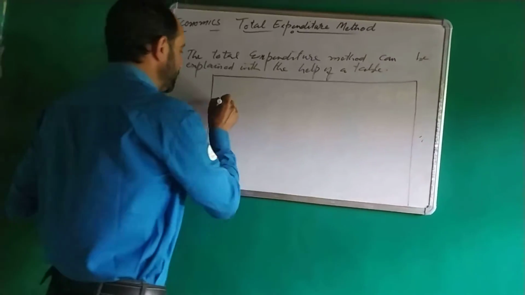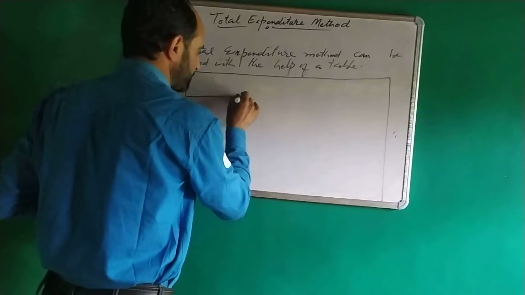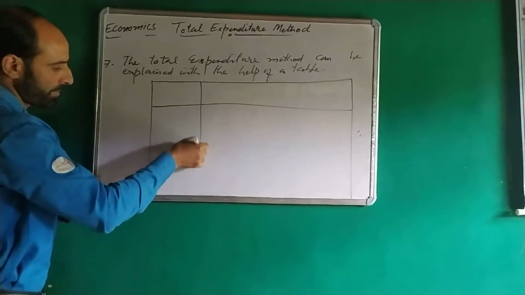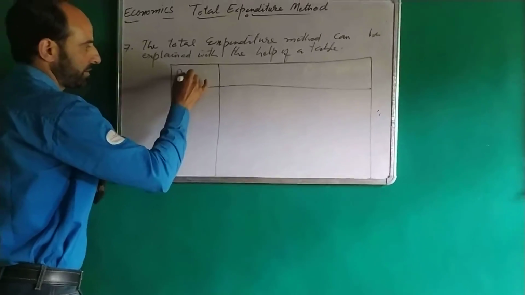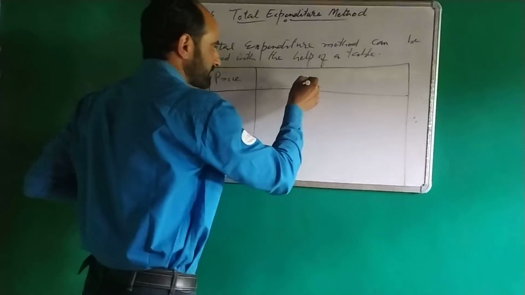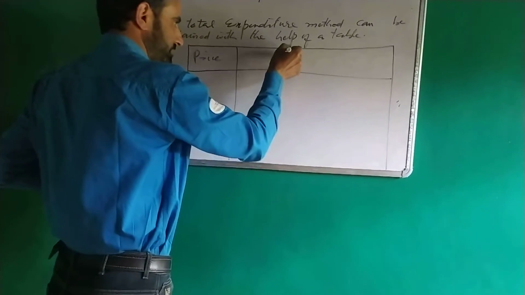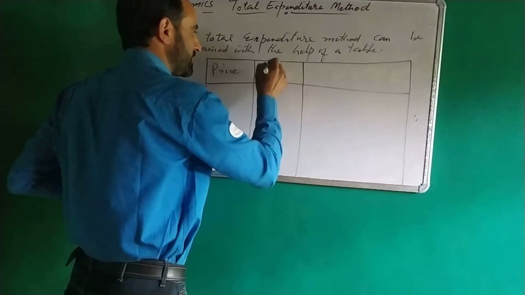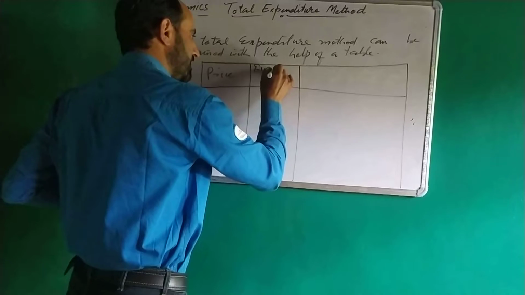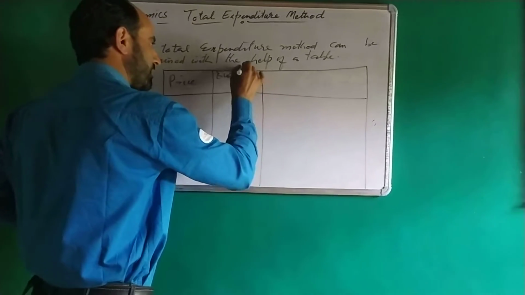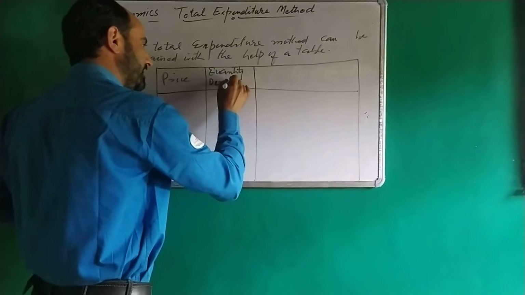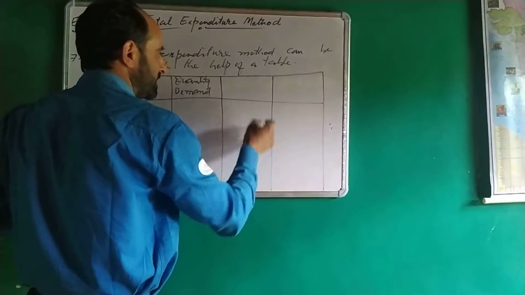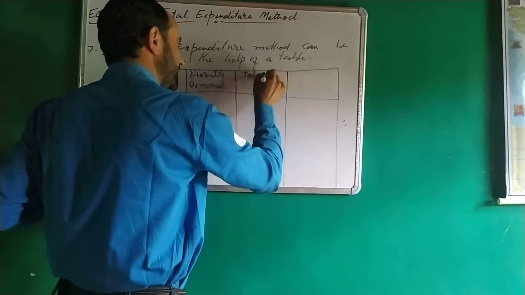This is the table. This is price. This is quantity demanded. This is total expenditure.